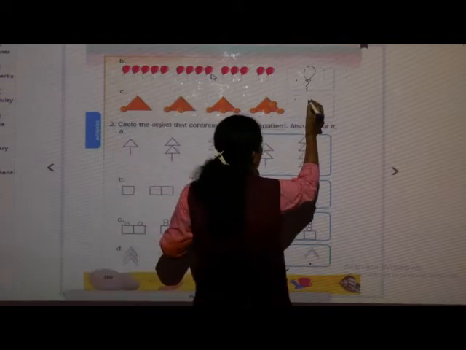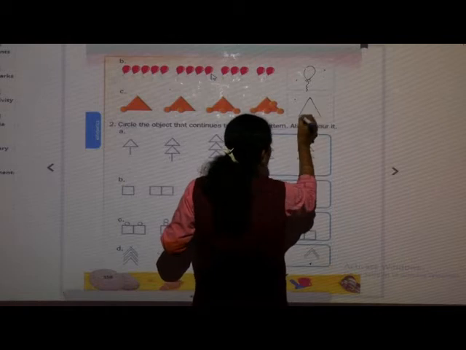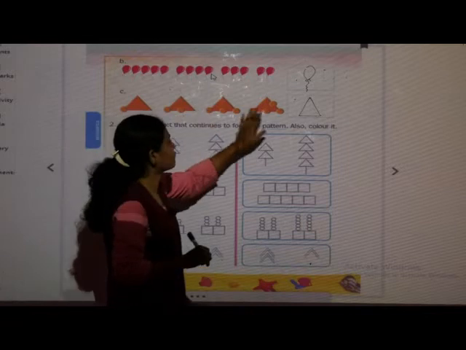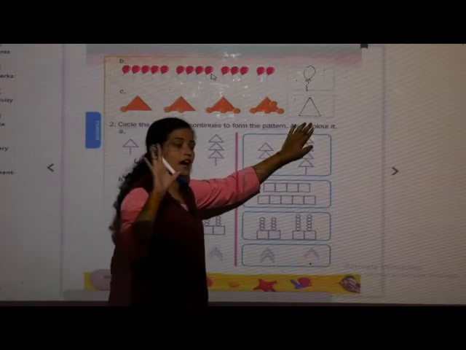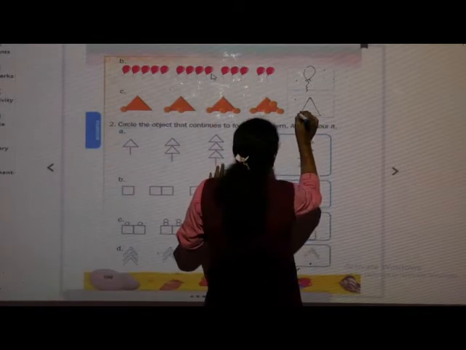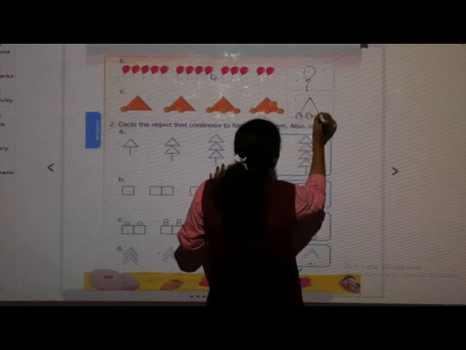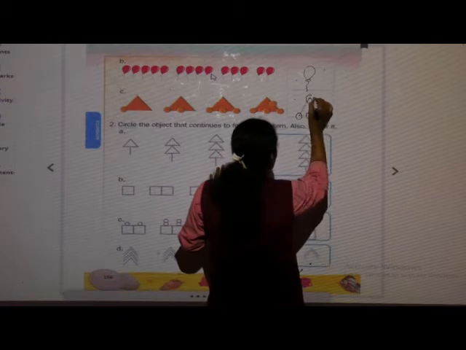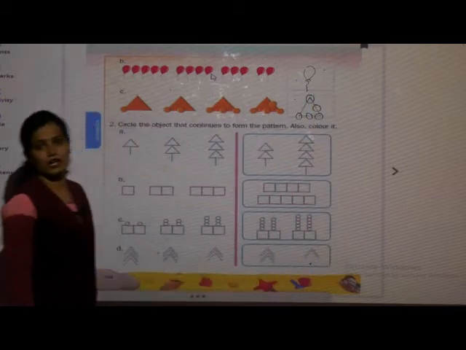Then first I will draw a triangle. Then here 1, 2, 3, 4 and here 5. So 1, 2, 3, 4 and 5. Understood?